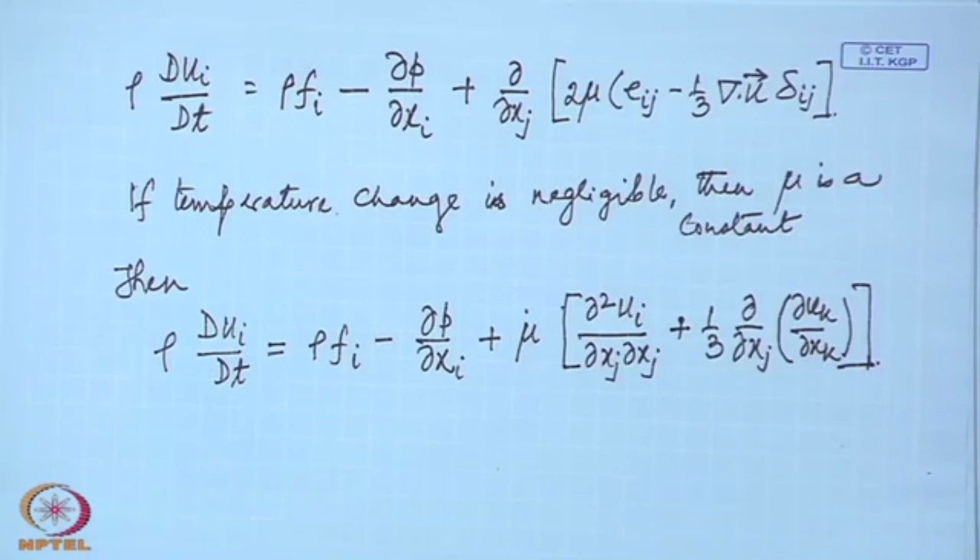Now, if the flow is incompressible, we know by conservation of mass, or by the equation of continuity, that divergence of u is 0.